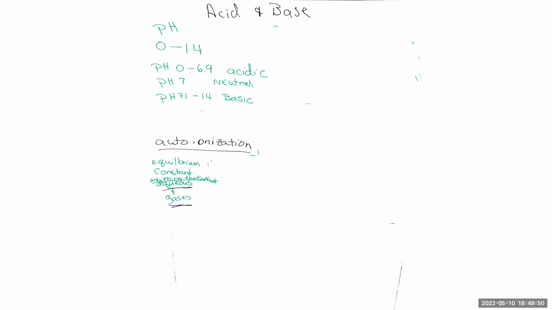If it's the hydroxide that's present, then you're calculating pOH, and then to derive the other, you just do 14 minus the value, right? Yeah.